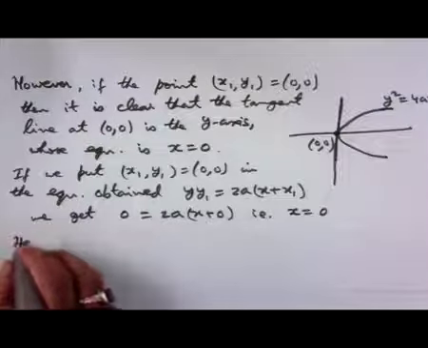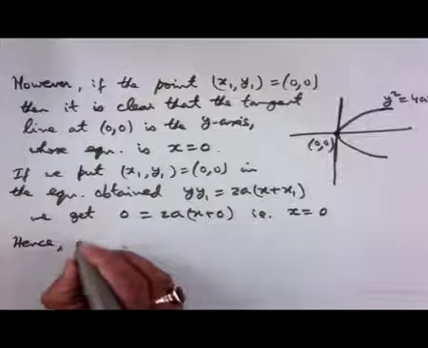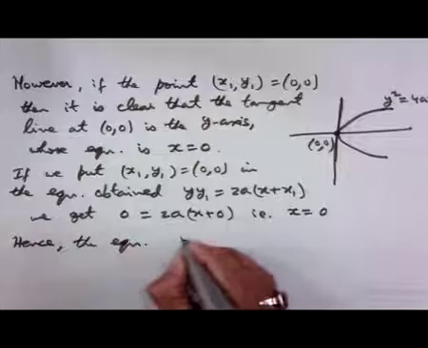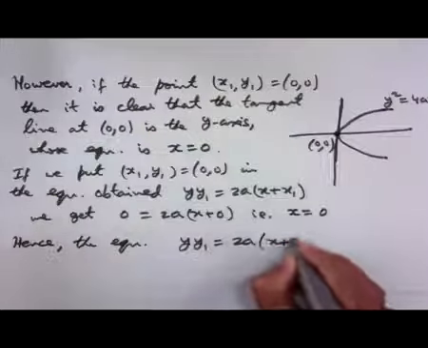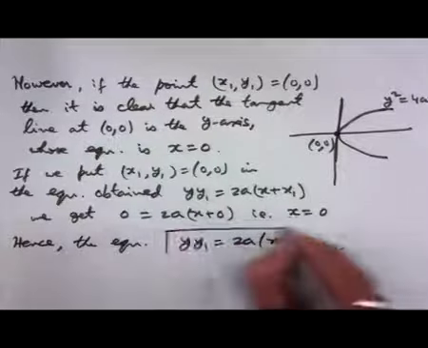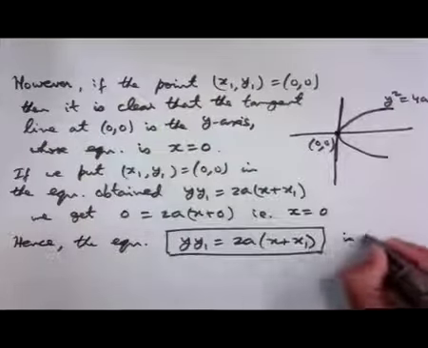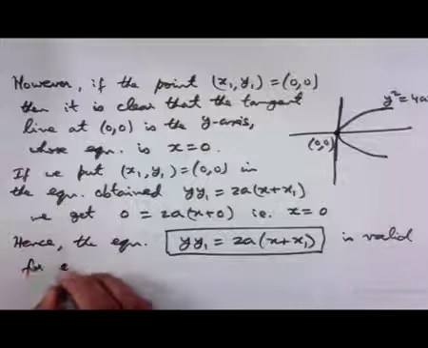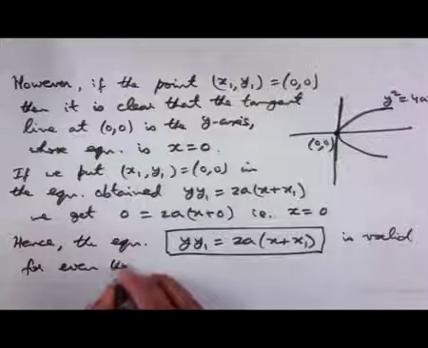Hence, the equation y y 1 equal to 2 a times x plus x 1 is valid for even the point 0 0.